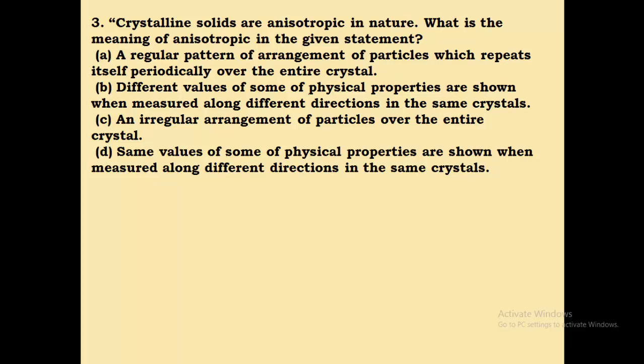Option B: different values of some physical properties are shown when measured along different directions in the same crystal. So no need to read the other options, because option B gives the definition of anisotropic. And if you see option D, they have given: same values of some physical properties are shown when measured along different directions in the same crystal. This is the isotropic definition, but they asked for anisotropic. So option B is the right answer.